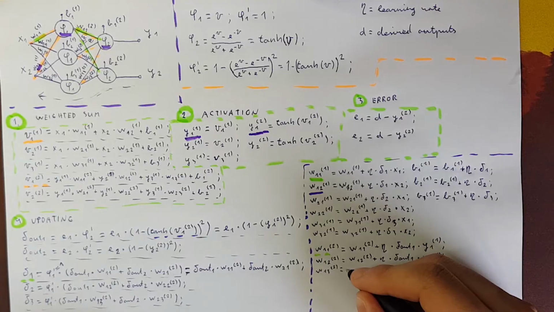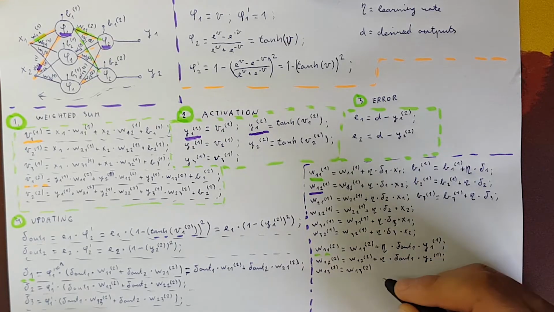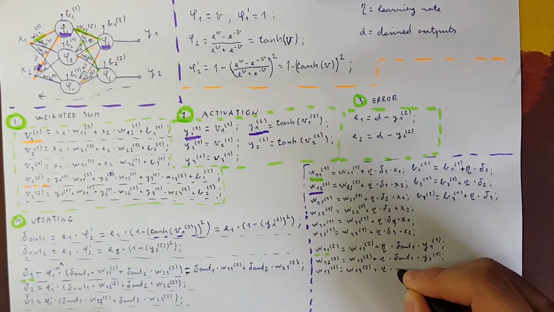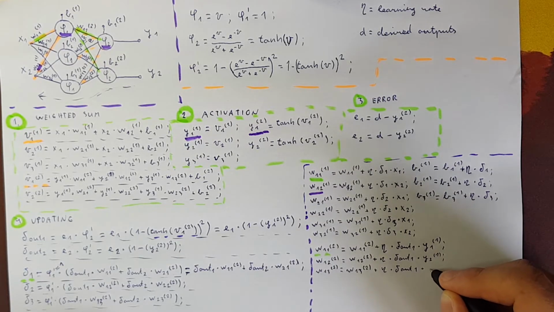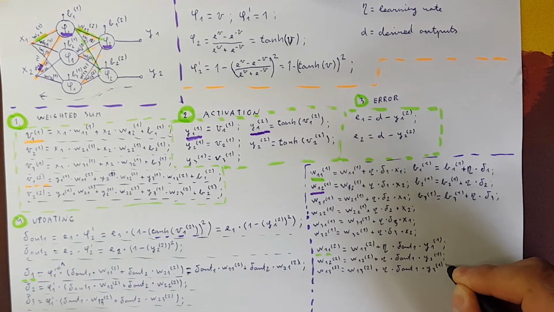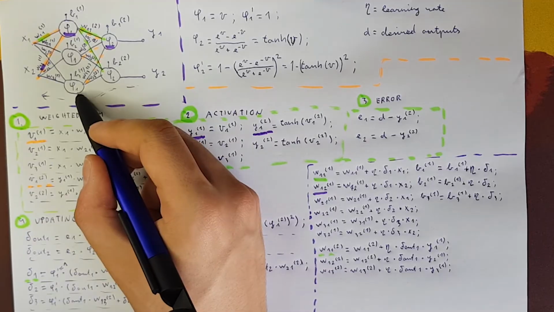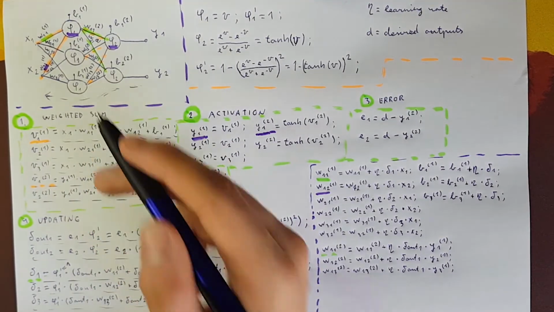And we do the same for the third weight, W1,3 of the second layer. We add learning rate multiplied by delta out 1 multiplied by y3 of the first layer, because this is the weight from the third neuron of the first layer.